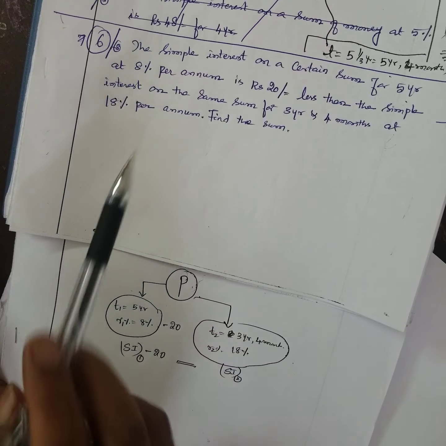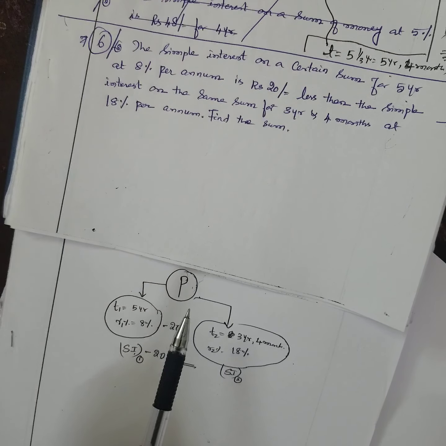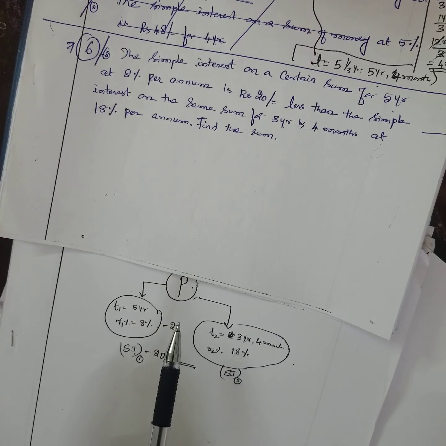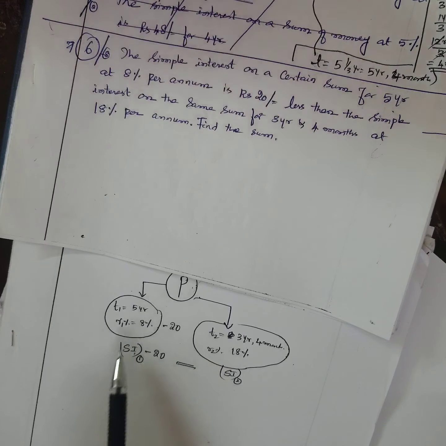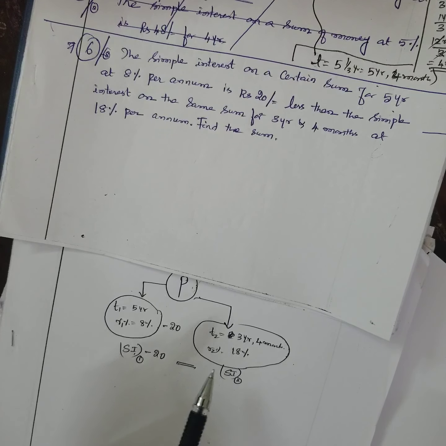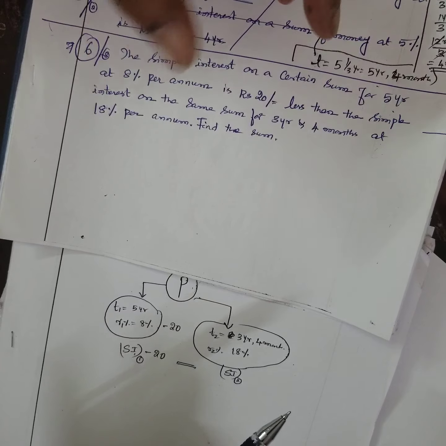You read the problem properly. The simple interest on a certain sum of money, you have to be very good in English. They will twist and give. You have to understand and put it in a proper form. This is called idea. There is no shortcut. You have to apply your intelligence here.